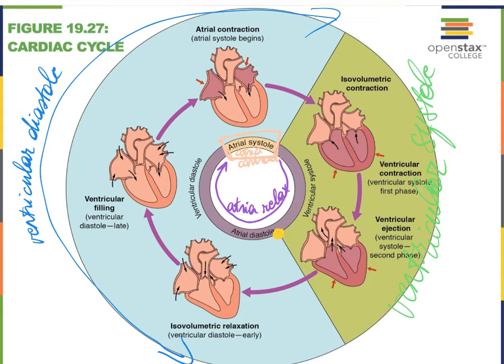Now, another observation to make with these isovolumetric phases, both of them, is that all of the valves are going to be closed during an isovolumetric phase. All 4 valves are going to be closed in the isovolumetric contraction phase and in the isovolumetric relaxation phase. So that's a really very important thing for you to remember. All valves are closed here and all valves are closed here.